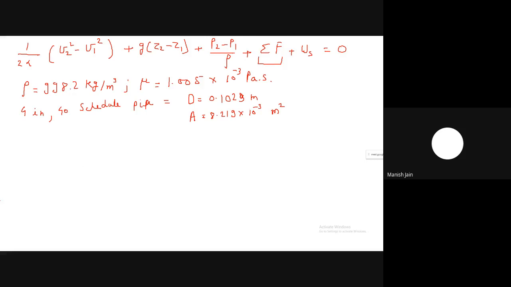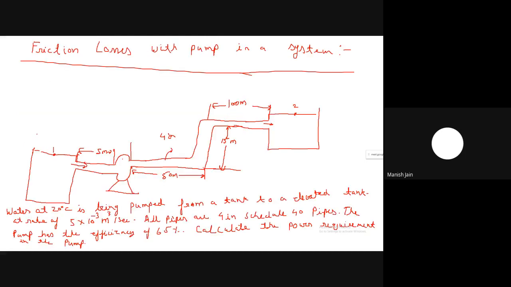Now, once you know the area, you can calculate the velocity inside the pipeline, because water is an incompressible fluid, so the velocity will not depend upon the pressure, it will remain constant. The value of Q is given here, Q equal to 5 multiplied by 10 to the power minus 3 meter cube per second.